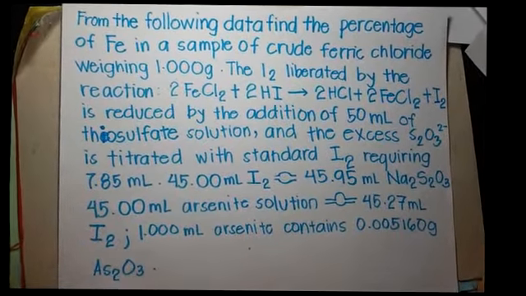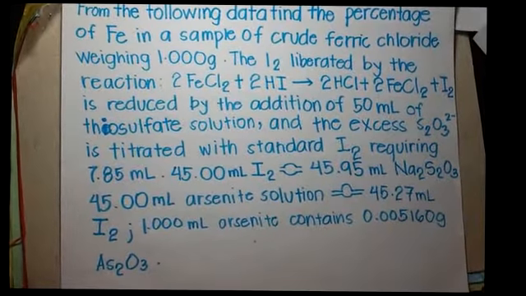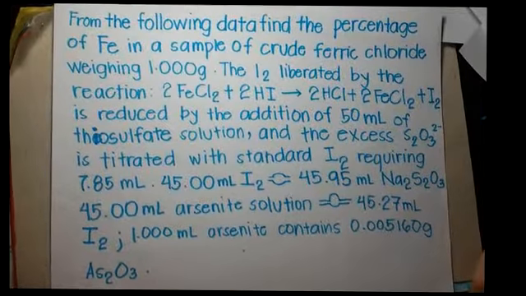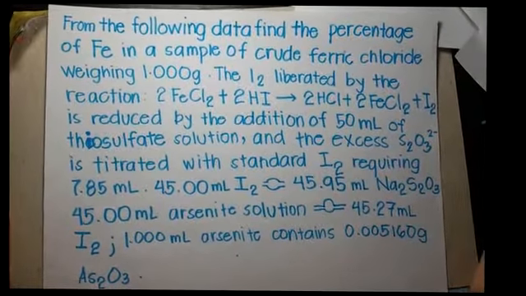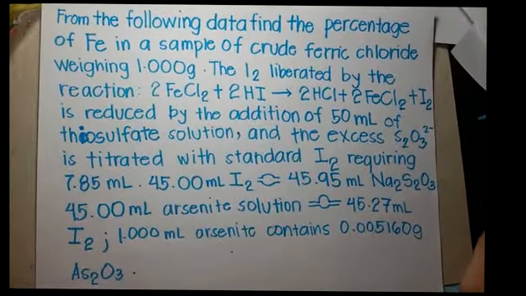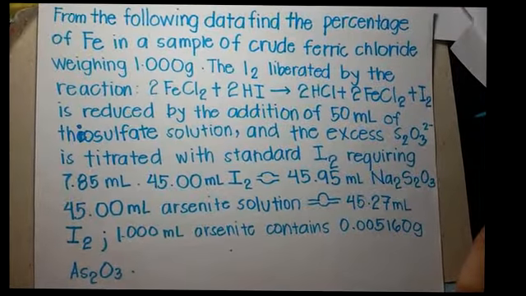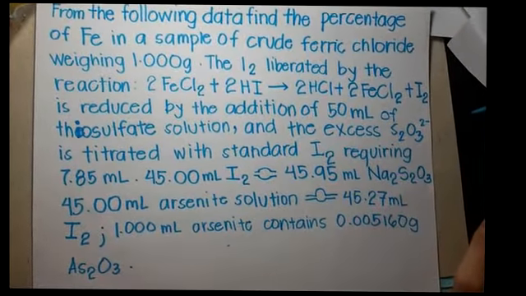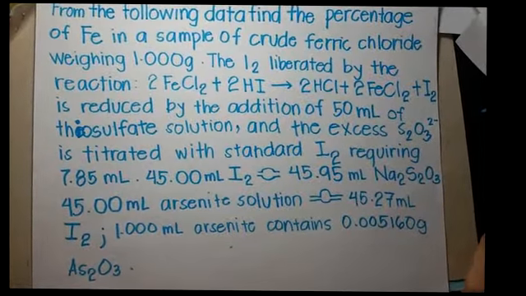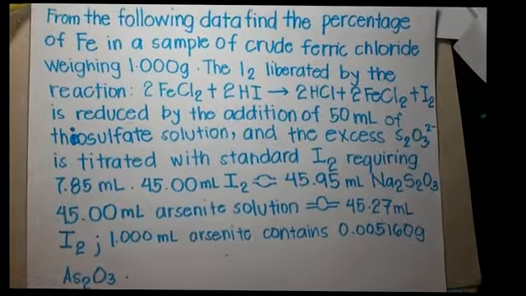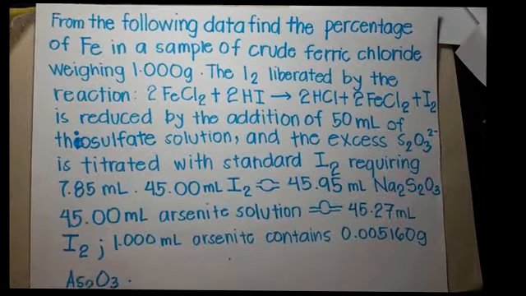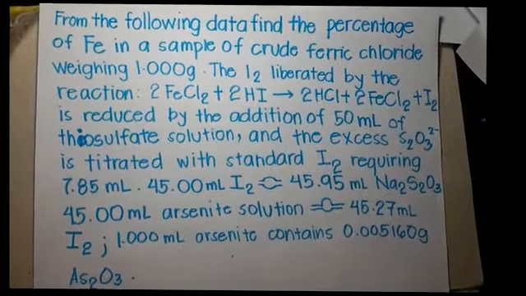The I2 liberated by the reaction 2FeCl3 plus 2HI yields 2HCl plus 2FeCl2 plus I2 is reduced by the addition of 50 ml thiosulfate solution, and the excess S2O3 is titrated with standard I2 requiring 7.85 ml. 45 ml I2 is equivalent to 45.95 ml Na2S2O3, and 45 ml arsenite solution is equivalent to 45.27 ml I2. 1 milliliter of arsenite solution contains 0.05160 gram As2O3.